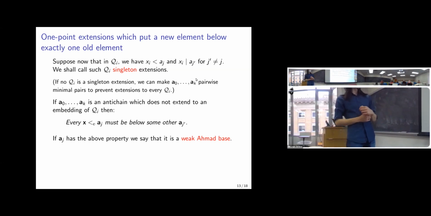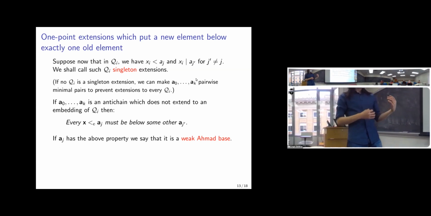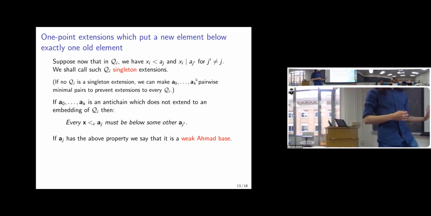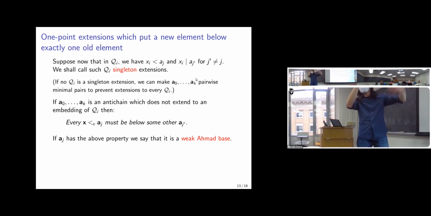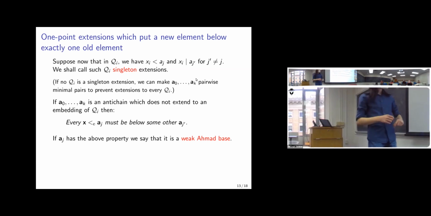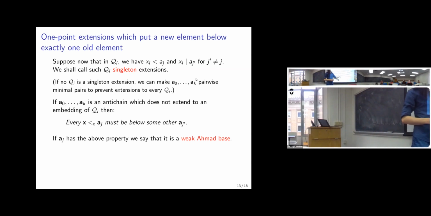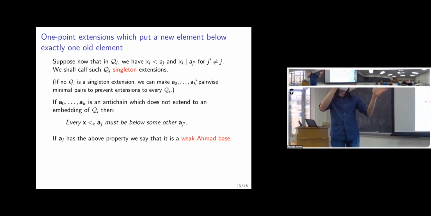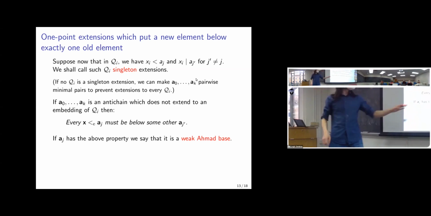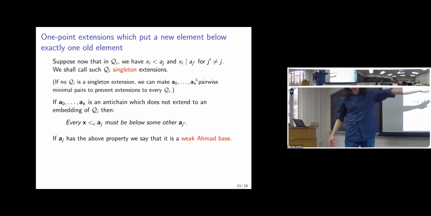The difference now is that in Ahmad pairs, there is a single aj prime such that every x below aj is below aj prime. Whereas here, we don't actually care that there is a single aj prime. As long as there's some aj prime out there such that x is below it, that's fine. And for different x, there might be different aj primes.